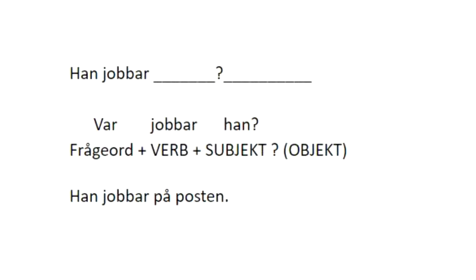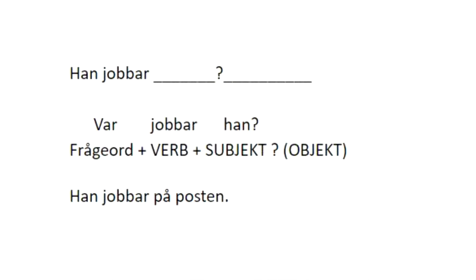Now let us apply these question words to some of our statements. Han jobbar på posten. Imagine we didn't know where he worked. Then we would ask, where does he work? Var jobbar han? Let's break this down. We start the question with a question word, var.